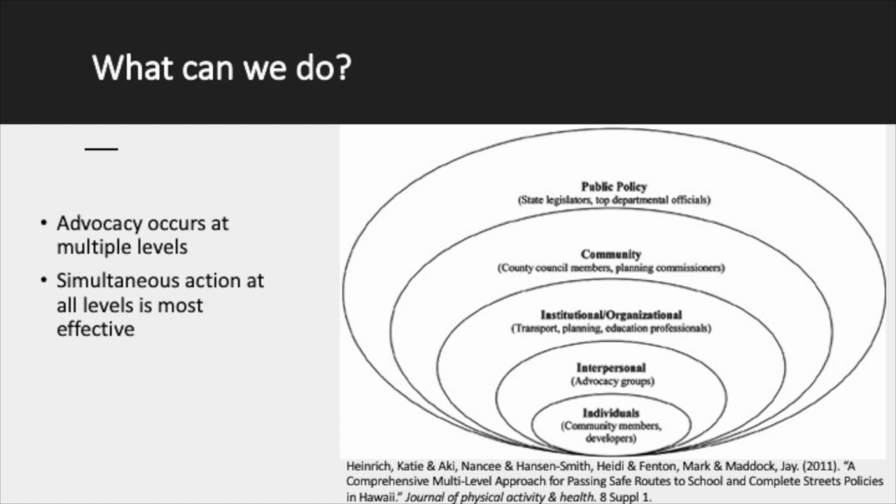This is where state legislatures play a role, along with top departmental officials, whether we're talking about the federal, state, or municipal level. Public policy is an ultimate goal of reforming policy in order to promote health equity.